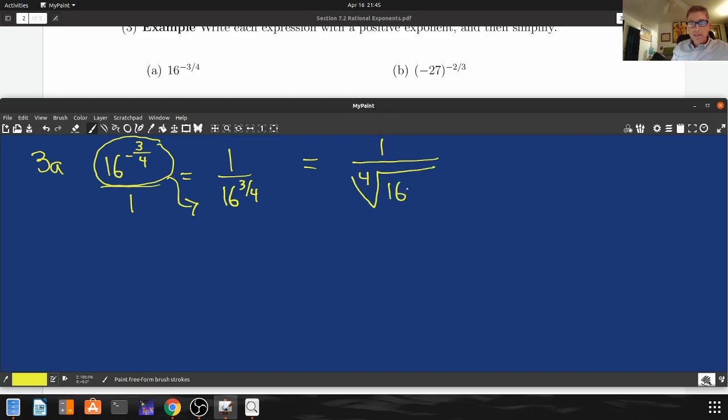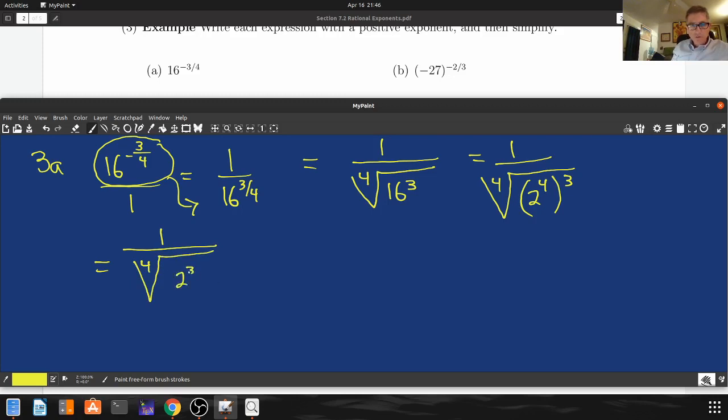So now literally all of the work that I do is now in the denominator. And if you look back just another page, or just what we did, we learned that 16 is 2 to the 4th, because this is a 4th root. I think we were doing square roots earlier. So again, I'm going to use that same trick. 1 over the 4th root of 2 cubed raised to the 4th power.